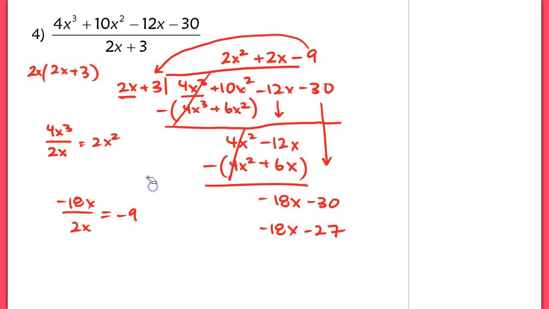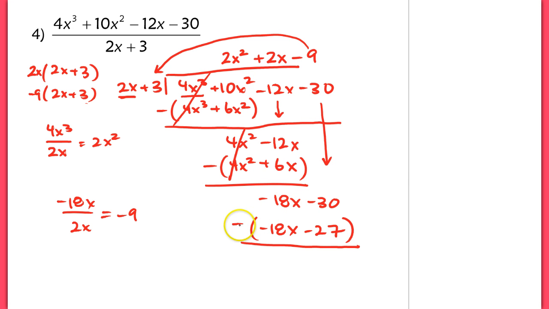So again, if you need to see the scratch work, this is how I came up with that, negative 9 distributed to the 2x plus 3. So I'll put that in parentheses to remind myself that I am subtracting. Notice I keep saying the same things over and over because I know you guys will make mistakes there. So please make sure you remember to subtract.